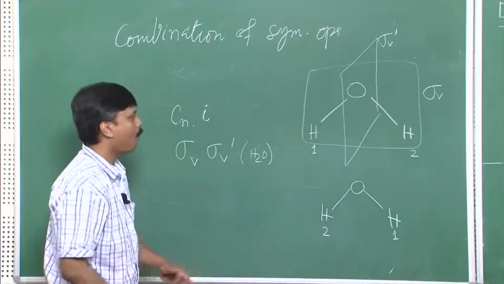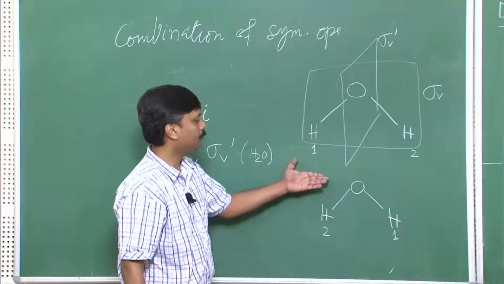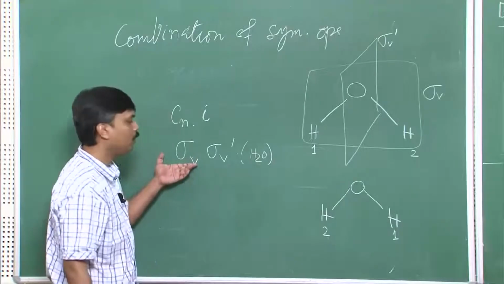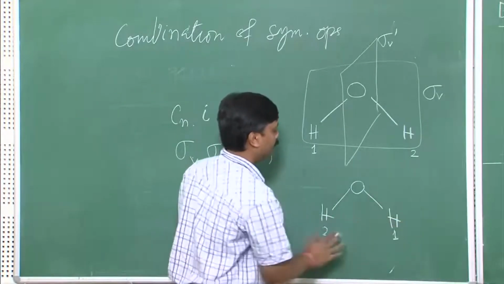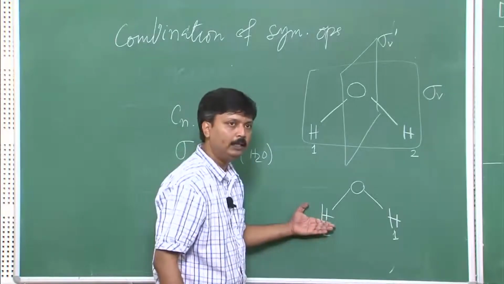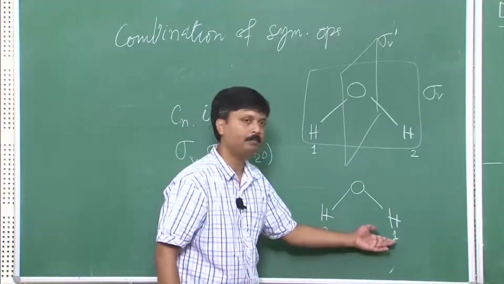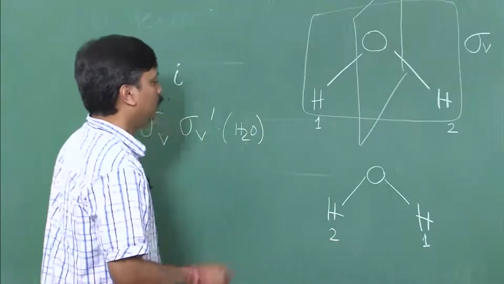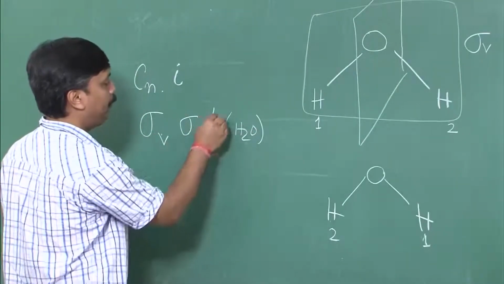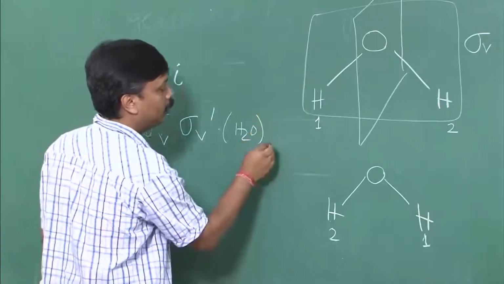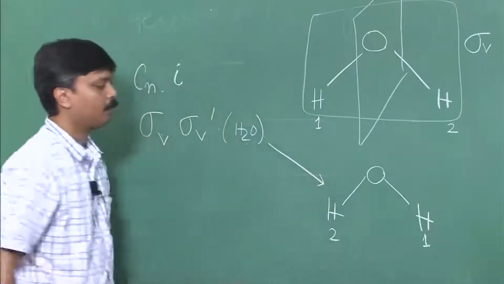Now if I operate sigma b on that, what is going to happen? Sigma b is in this plane, so it is not going to do anything to this molecule, and it will remain the same. So ultimately, operating sigma b and sigma b prime on this molecular structure will give me this one.